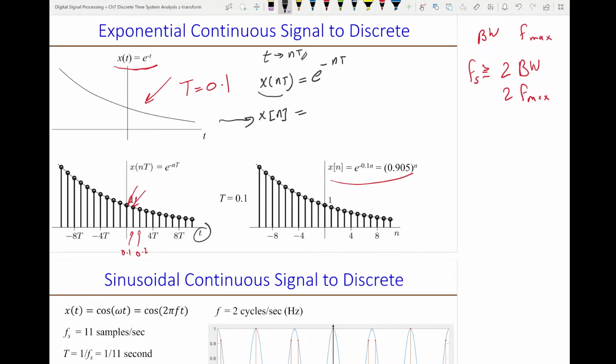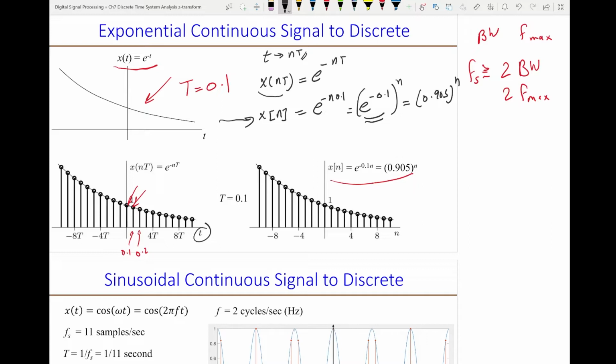Okay, so x of n in this case will be e to the minus 0.1n. Now I can rewrite this as follows, e to the minus 0.1, to the power of n. Now you can use your calculator and calculate what e to the power of minus 0.1 is, and you will find it to be 0.905 to the power of n.